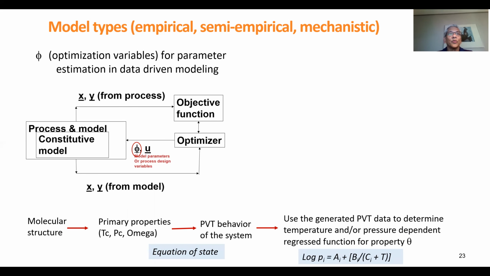So we have the molecular structure. The molecular structure gives us primary properties. For every molecule, there is only one value of critical temperature, pressure, etc. That helps us to generate the PVT behavior, pressure, volume, temperature behavior.